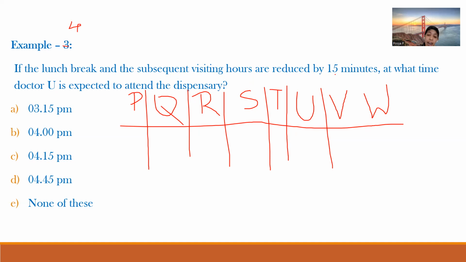No, lunch break and every session after lunch break. So, Dr. W as well. Dr. W is coming between 2 to 3. Dr. U is coming between 5 to 6. Dr. T is not in the picture. Dr. S is not in the picture.